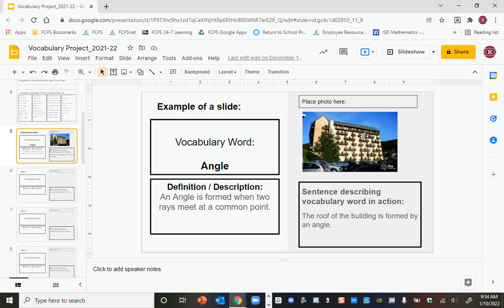No, it's not necessarily math related. The pictures are just more of what we see every day that helps us relate to the math that we're doing in class. That's where we're going with this.